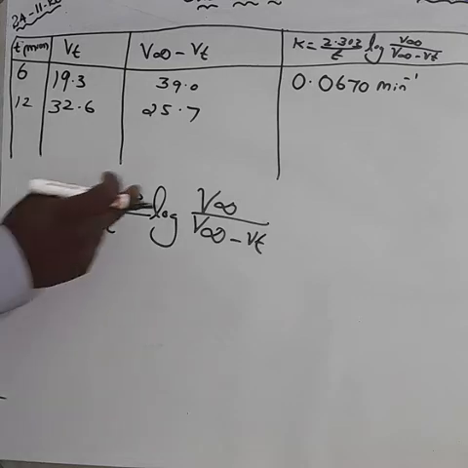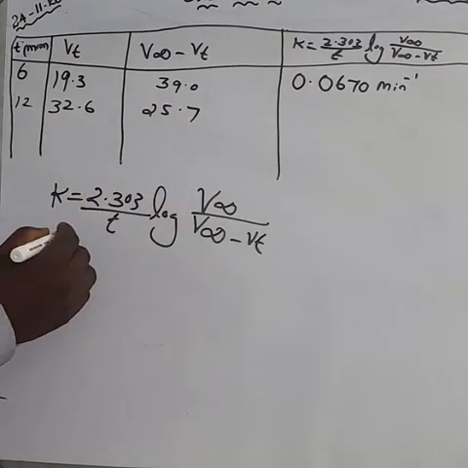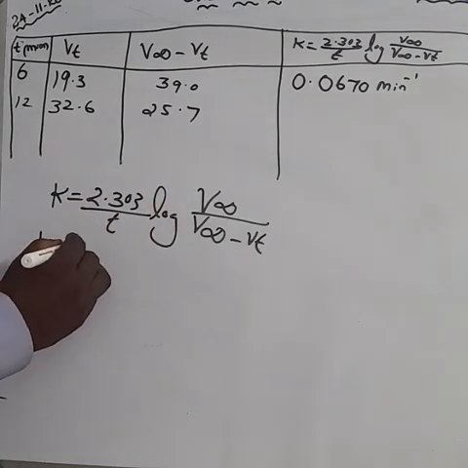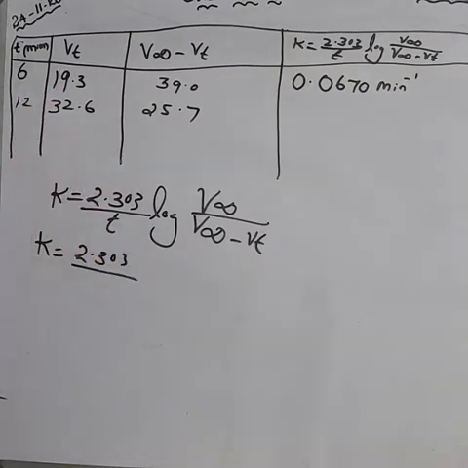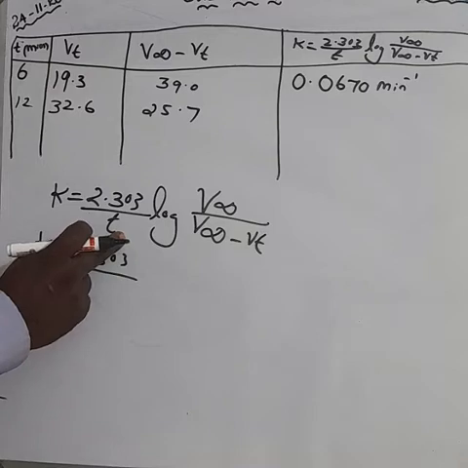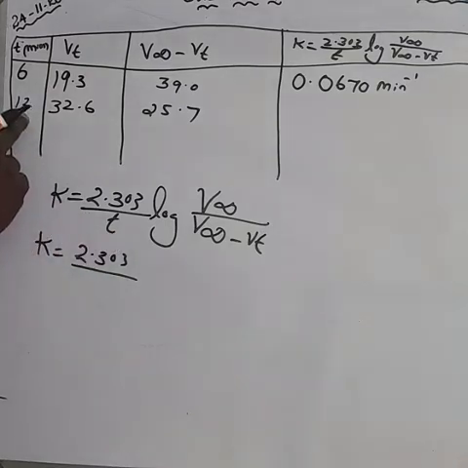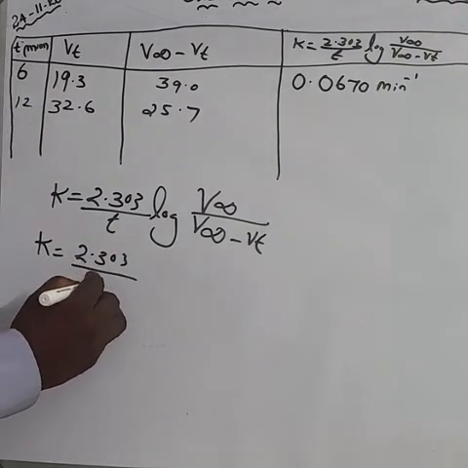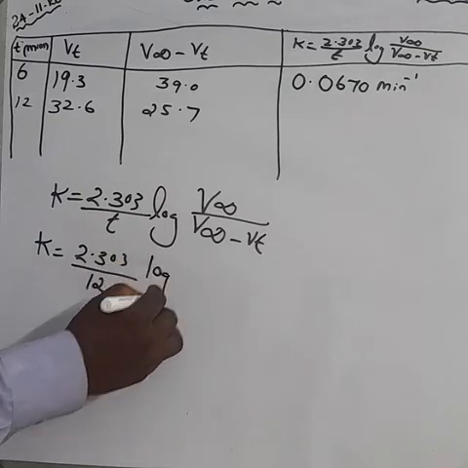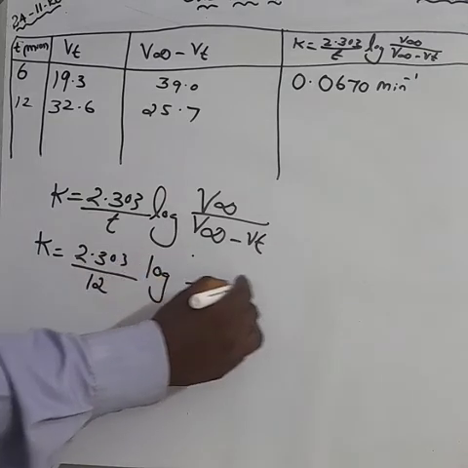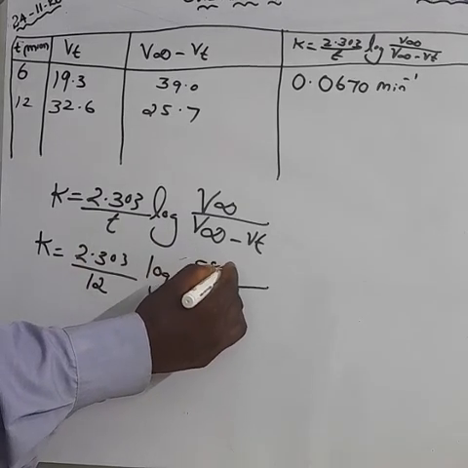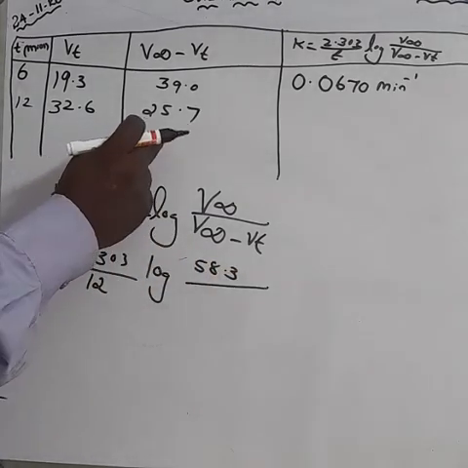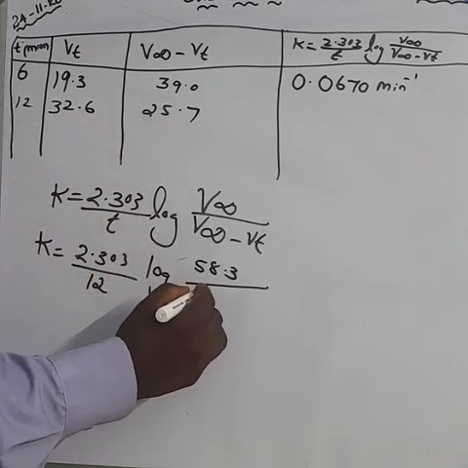V infinity is 58.3. Here t is the time, 12 minutes. Log of 58.3 divided by 25.7.